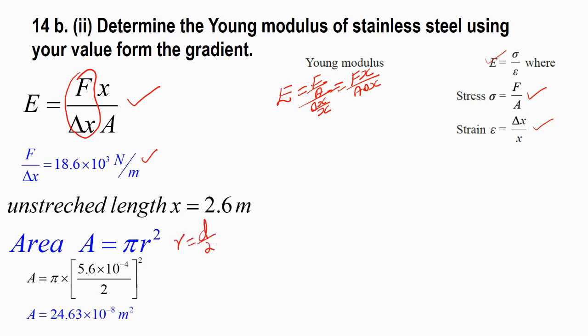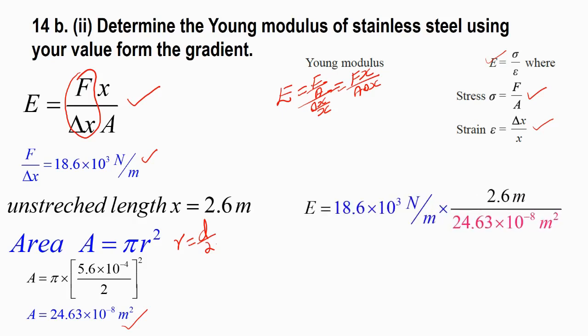That's why, instead of r, we put 5.6 into 10 to the power minus 4 divided by 2, where 5.6 into 10 to the power minus 4 is the diameter of the wire, whole square. So we will get the area of cross section of the wire, A, equal to 24.63 into 10 to the power minus 8 meter square.